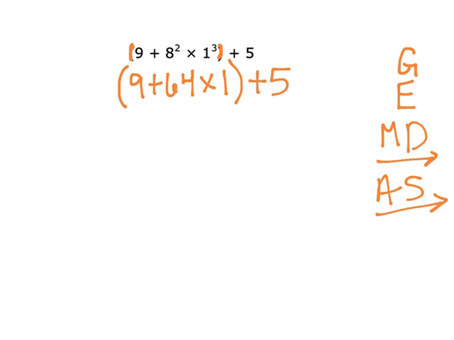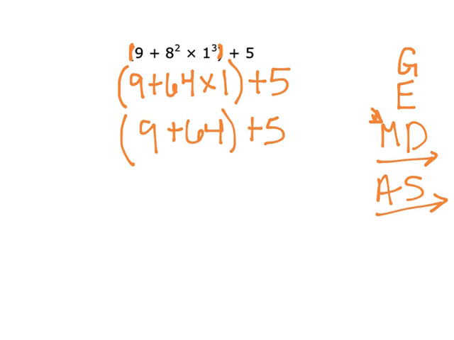I am still within my parentheses, so I see that I have addition and multiplication. I need to evaluate multiplication before addition. So I'm going to do 64 times 1, which is luckily pretty easy. I'm going to rewrite this: 9 plus 64, close parentheses, plus 5.